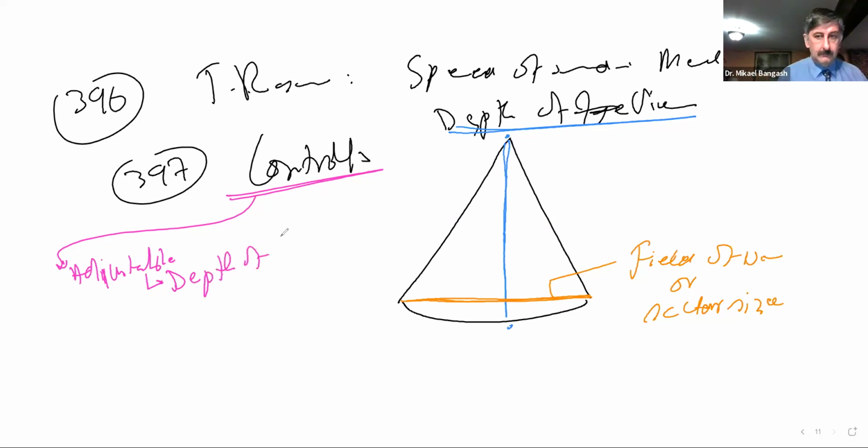Depth of field, or depth of view, or depth of image, whichever, and the number of pulses per frame.